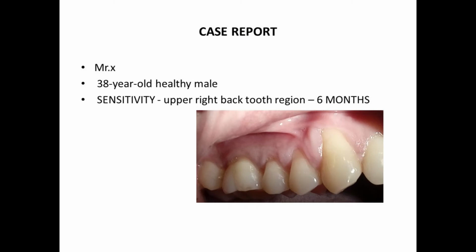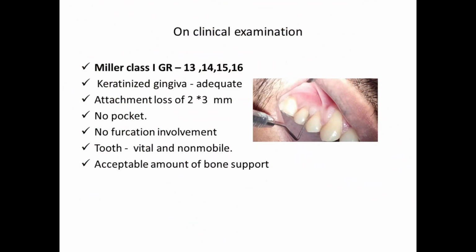Here is a patient case report where a 38-year-old healthy male reported with sensitivity in the upper right back tooth region for the past 6 months. On clinical examination, we found Miller's class 1 gingival recession in 13, 14, 15 and 16, with adequate keratinized gingiva and attachment loss of 2 to 3 mm.